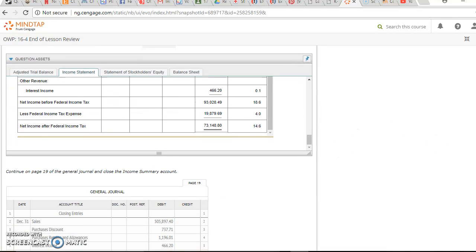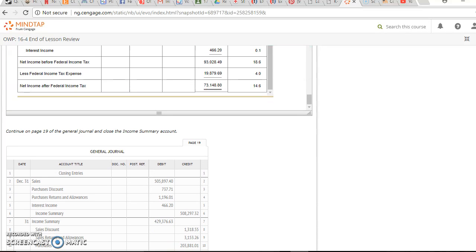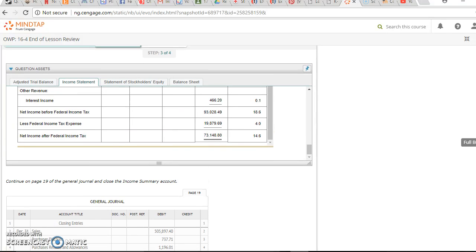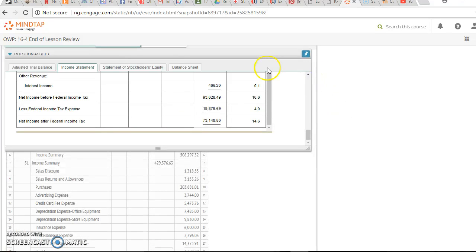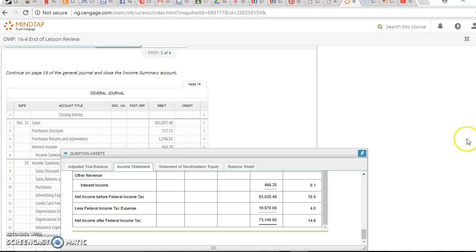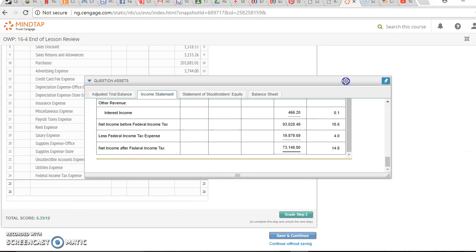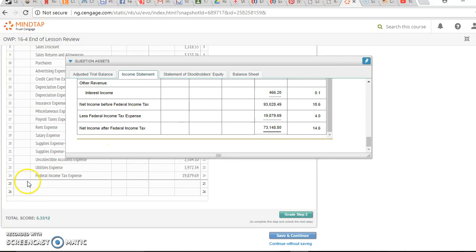Retained earnings, just like capital, has a credit balance, so we're going to add to it because we made money. Then you will debit income summary, and what this will do when you post it is two things. It'll close income summary, and then it'll update your retained earnings account with how much you've added there.